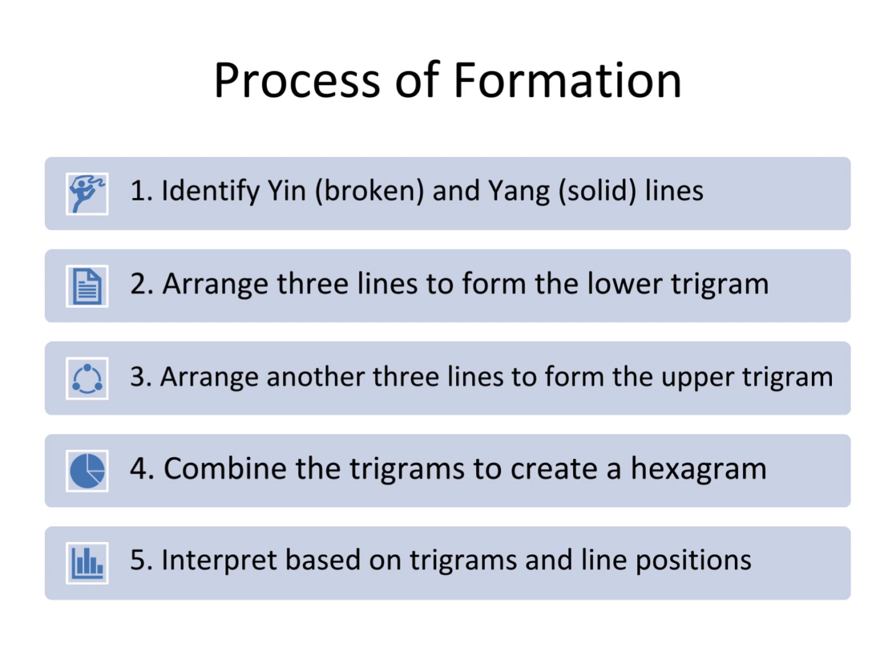Okay, let's explore how hexagrams are formed step by step. First, we identify the yin and yang lines. Remember, yin lines are broken, representing passive energy, while yang lines are solid, symbolizing active energy.